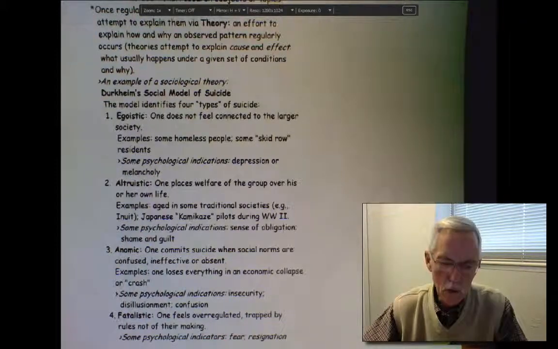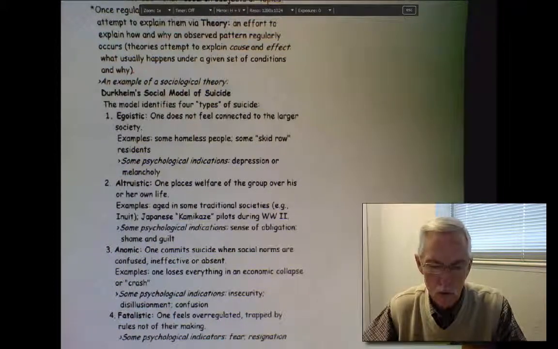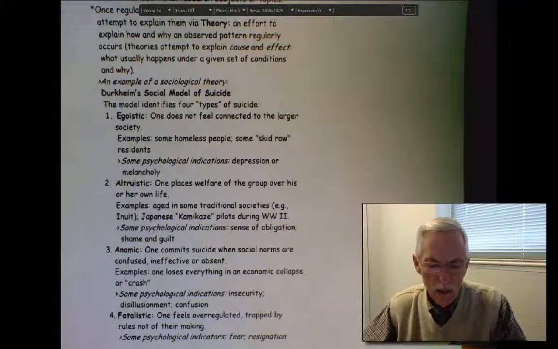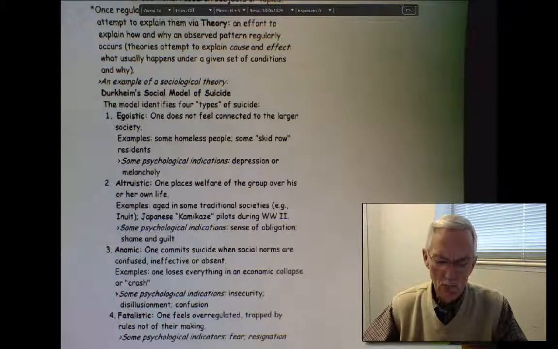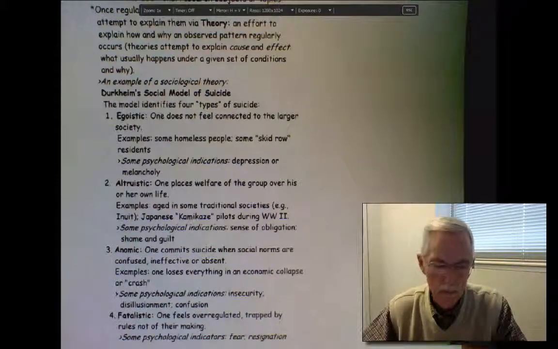But in his research of statistical-based records kept by government agencies, hospitals, mental institutions, and the like, he noted that suicide varies based upon a number of key factors. Some of those included, and this isn't an exhaustive list by any stretch of the imagination, marital status, gender, religion, and social change.